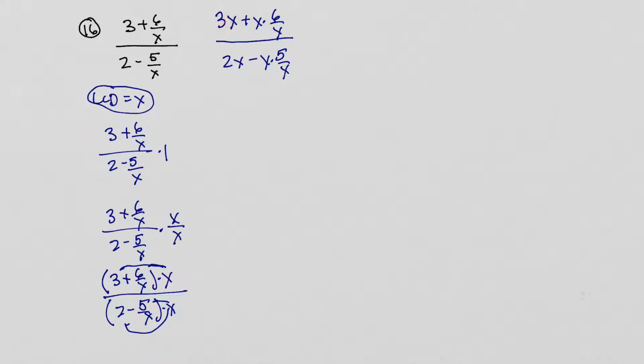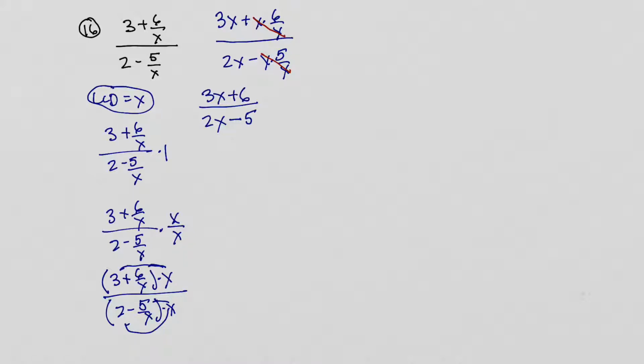Right here, we're going to get 3x, so we'll just get our 3x plus, but then what happens here? These x's are going to cancel. So if we cancel those x's, we're just left with that 6 over 2x minus, and again, these x's are going to cancel, so let's cancel those, and we're left with minus 5.